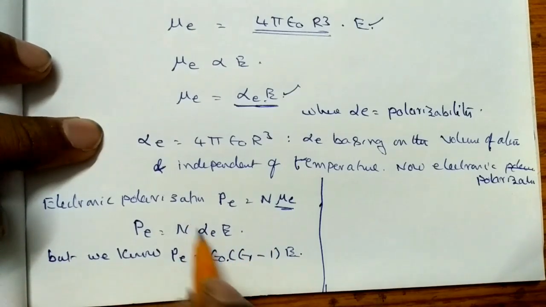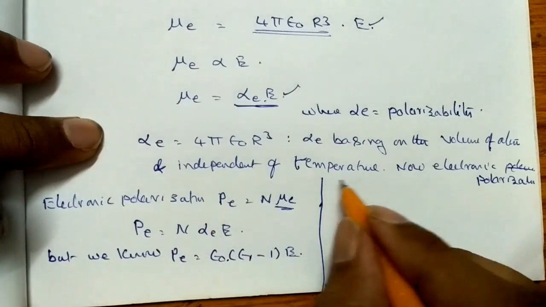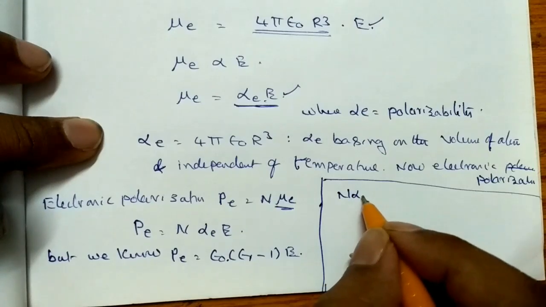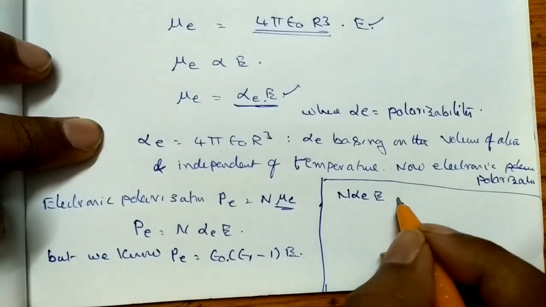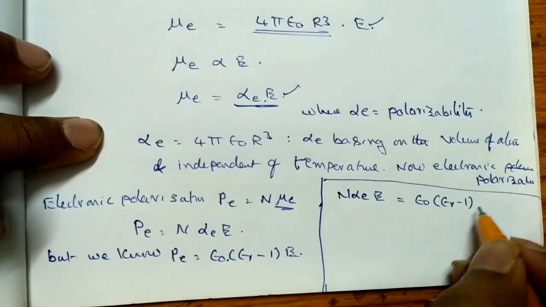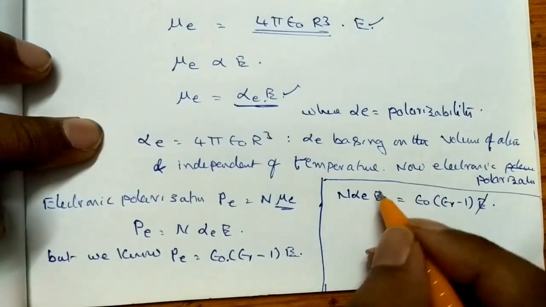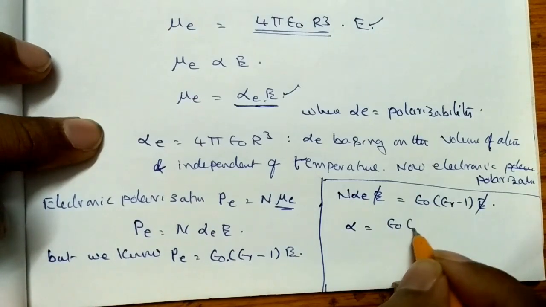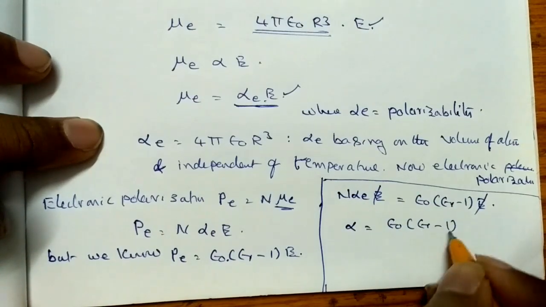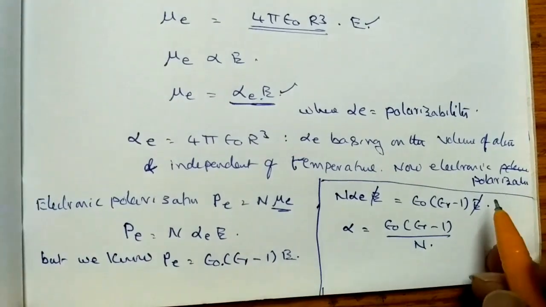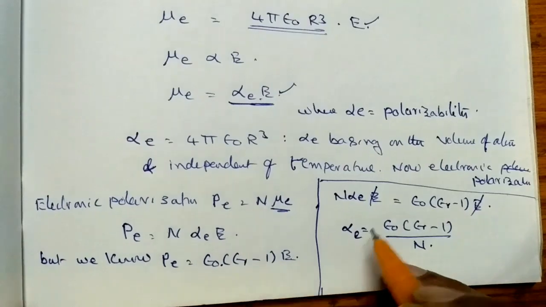Now we equate these two equations, that is N alpha e into E is equal to epsilon naught into epsilon r minus 1 into E. Then E gets cancelled. Then alpha e is equal to epsilon naught into epsilon r minus 1 by N, in case of bulk, that means the electronic polarization.